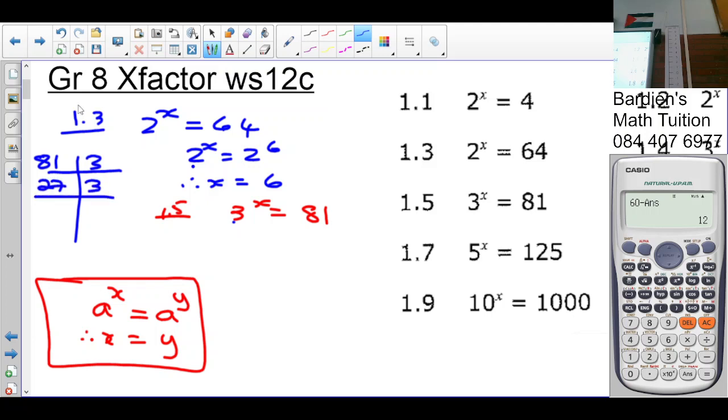Then 3 goes 9 times. 3 goes 3 times. 3 goes 1. Can you see that? So in other words, 3 to the x equals 3 to the 4. So therefore, x is equal to?